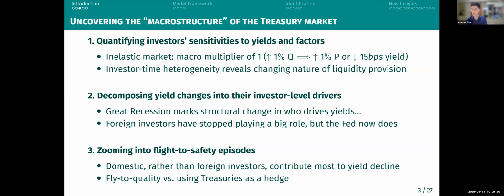Equivalently, if you convert it back to yields using durations of the average portfolio, if you throw $100 billion into the market, it's going to compress Treasury yields on average by 15 basis points.